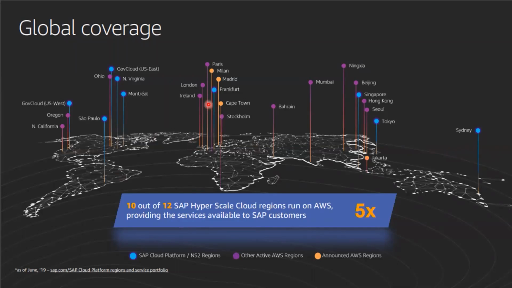For example, Northern Virginia is an AWS region, and you also have SAP Cloud Platform running in Northern Virginia. But in Bahrain, you only have an active AWS region. I think most of you who are from UAE will deploy SAP in Bahrain, right? So it currently doesn't have an SAP Cloud Platform.